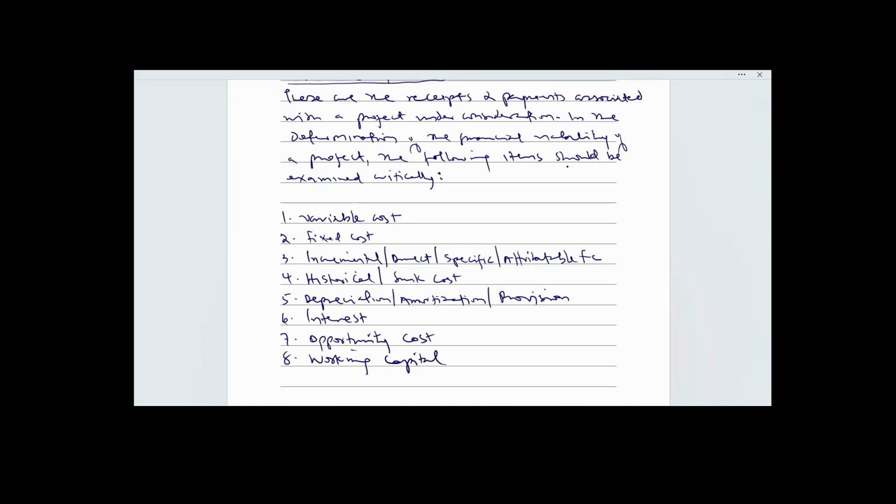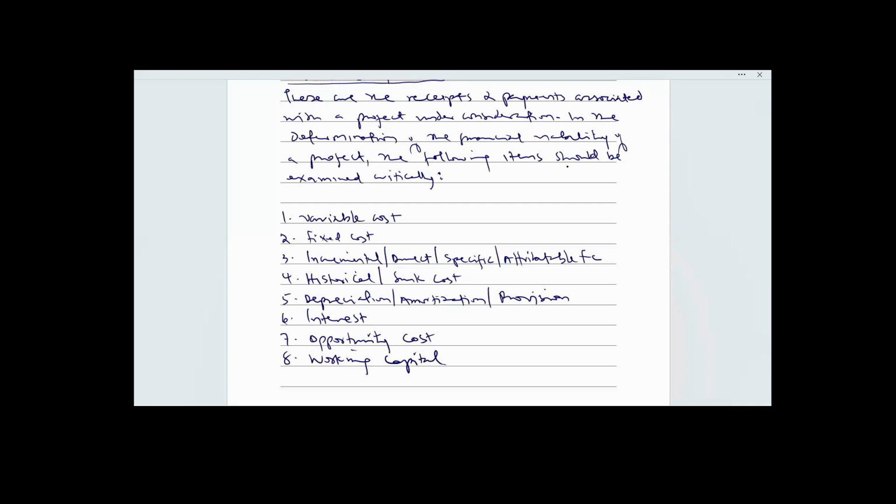Number two, fixed costs. Fixed costs are costs that have no sympathy for activity level. That is, irrespective of number of units produced, the fixed cost does not change. It remains the same.